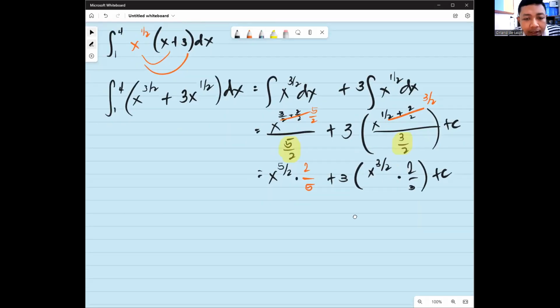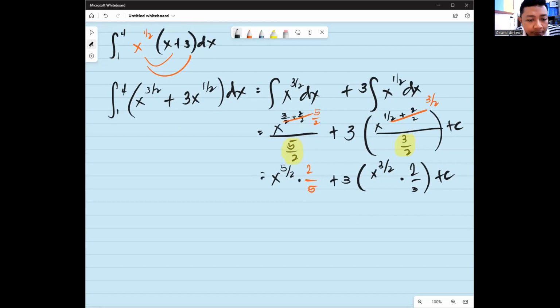Now let's continue simplifying. This will become 2/5 x raised to 5/2 plus, the 3 and 3 can be removed, so we end up with 2x raised to 3/2 plus c. That's it. This is the integral of our given function.